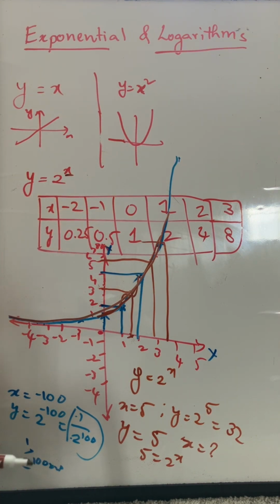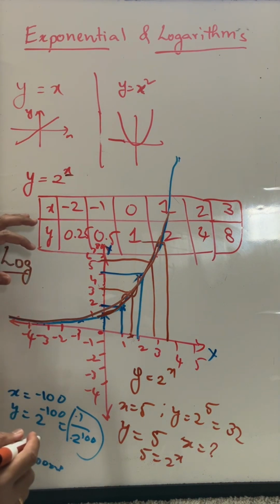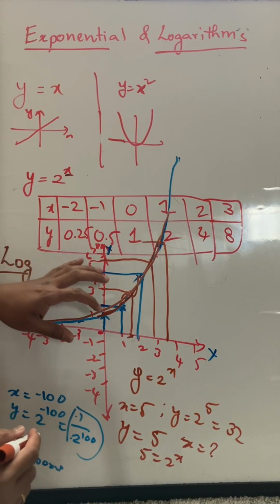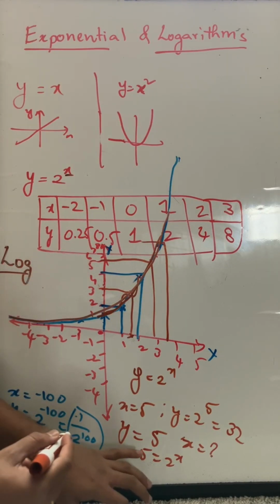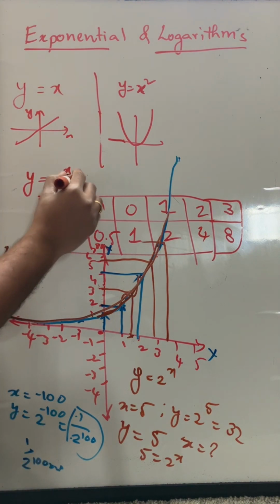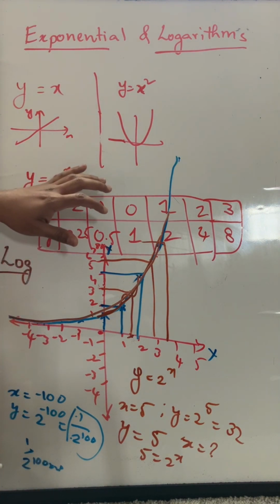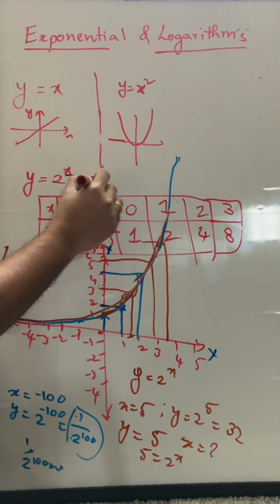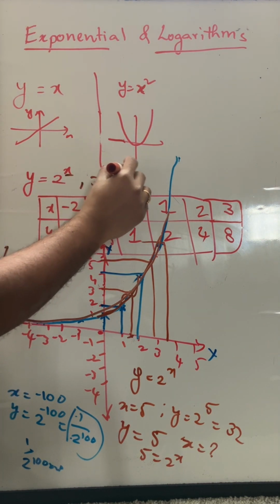There is one other concept that mathematicians introduced, log. I will tell you. First, in these exponential cases, like 2 to the power of x, not only 2 to the power of x is called exponential. There are many. 3 to the power of x is also exponential, 5 to the power of x also.